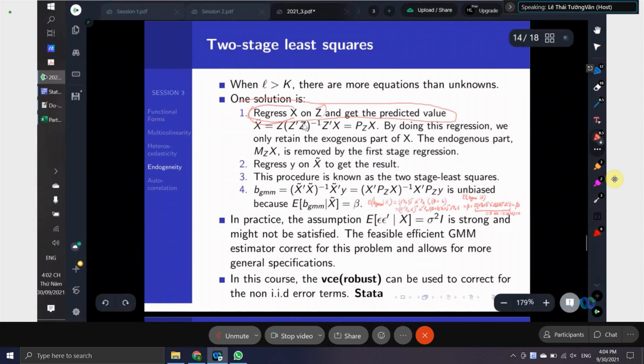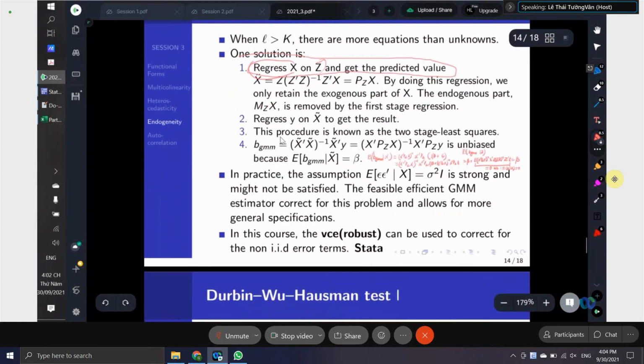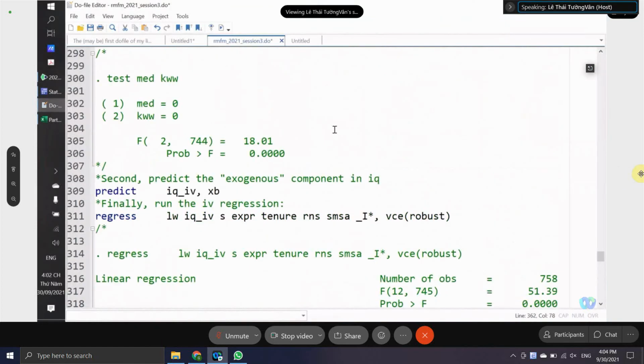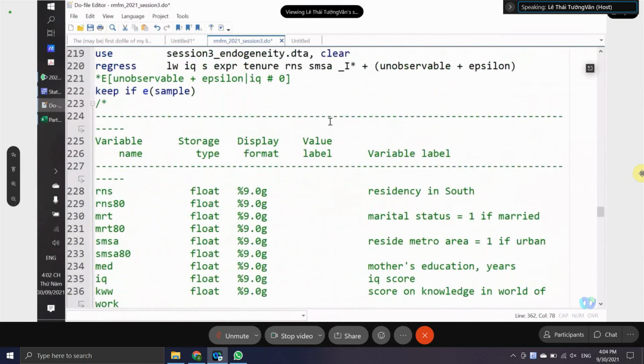So the first thing you need to do is to find a set of instrument variables. You regress the endogenous X on the Z and get the predicted value, and then you replace it into the regression. You can see it here.